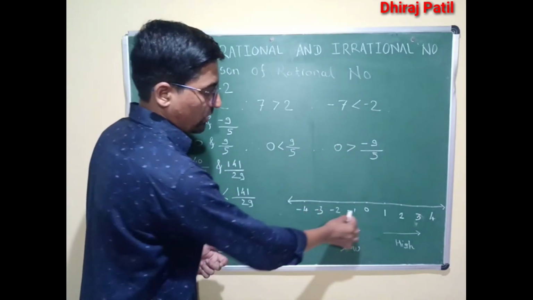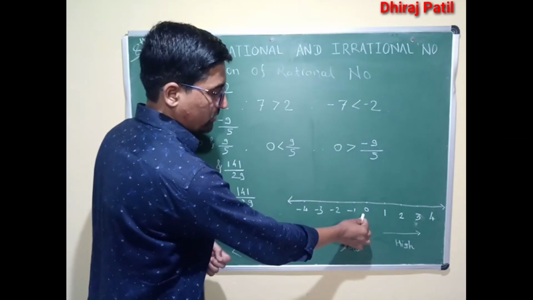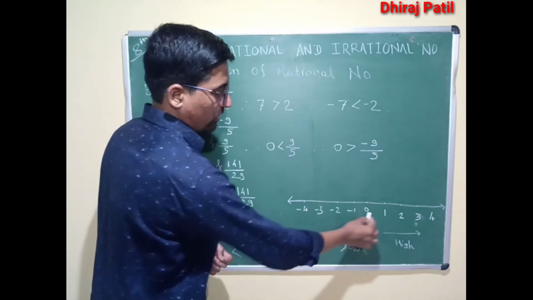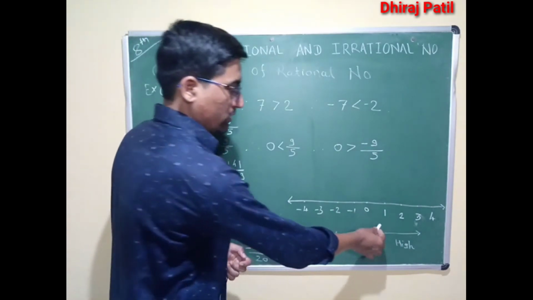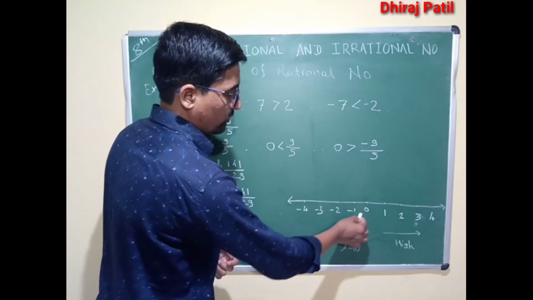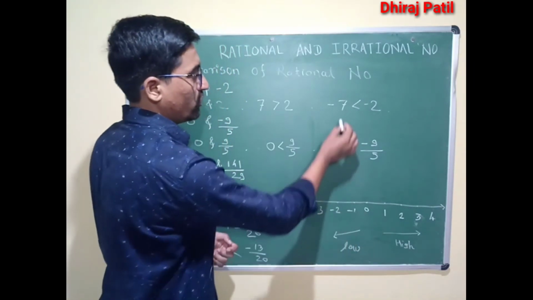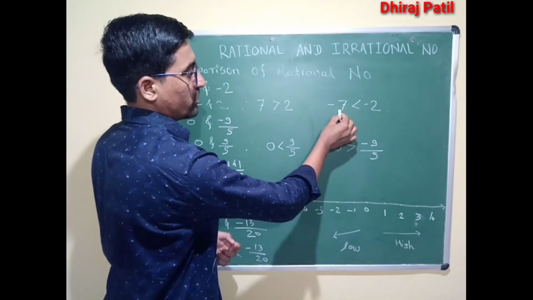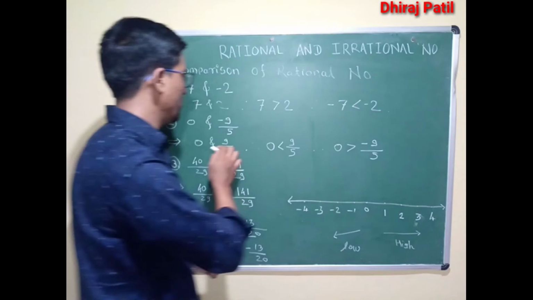On the number line, the left side is negative and the right side is positive. If we go to the positive side, our values are high, and if we go to the negative side, our value is low. So minus 7 is less than minus 2.